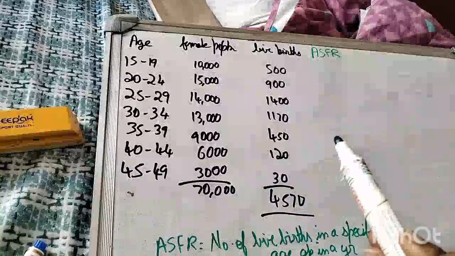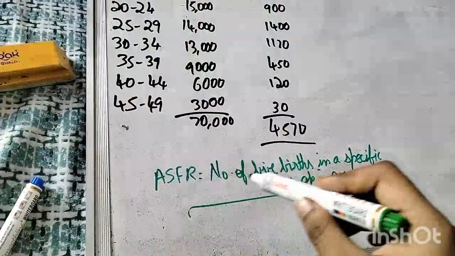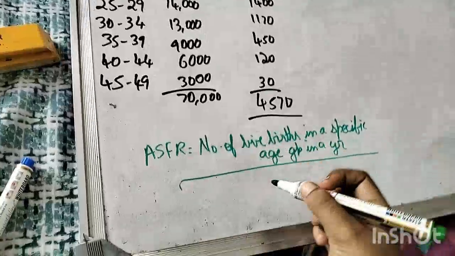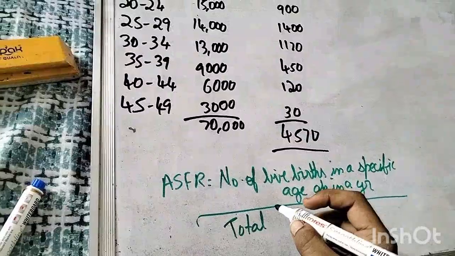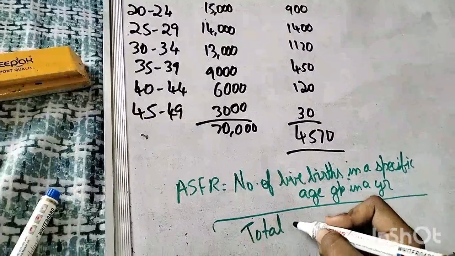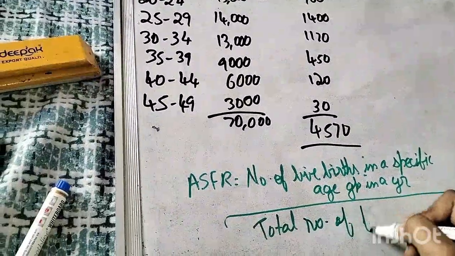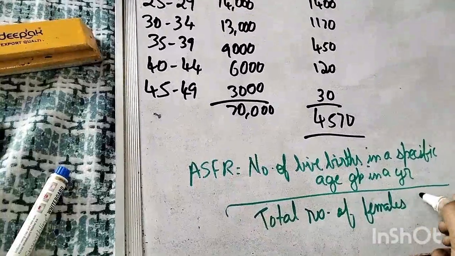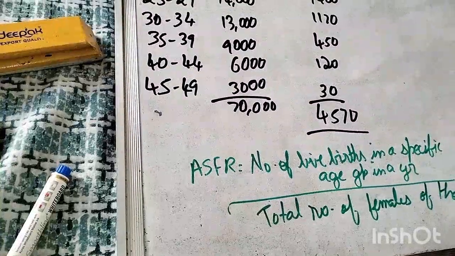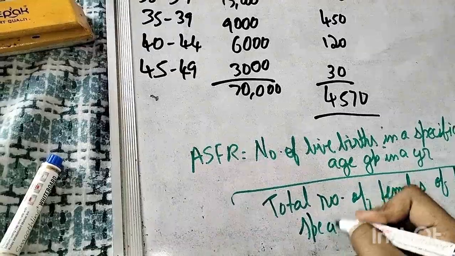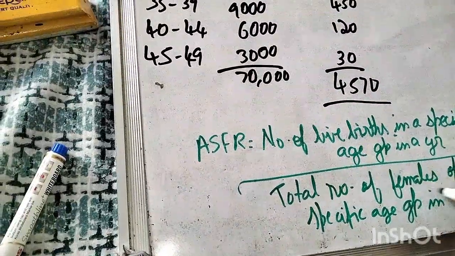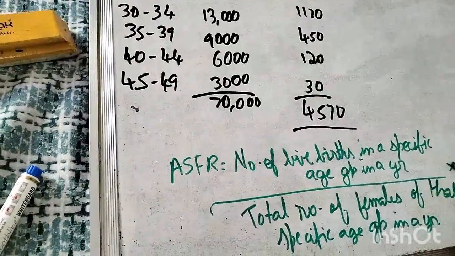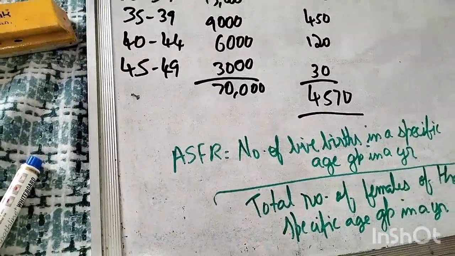So the next column will be ASFR, and the formula is number of live births in a specific age group in a year divided by total number of females of that specific age group in a year into 1,000. So you need to show one substitution.